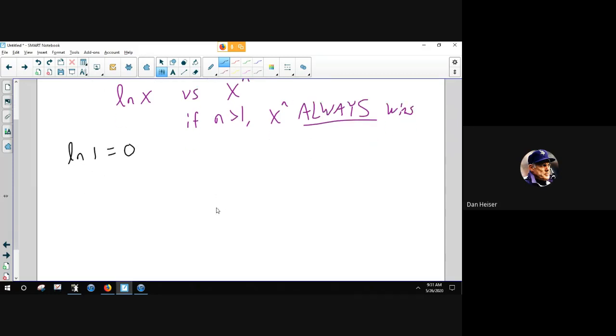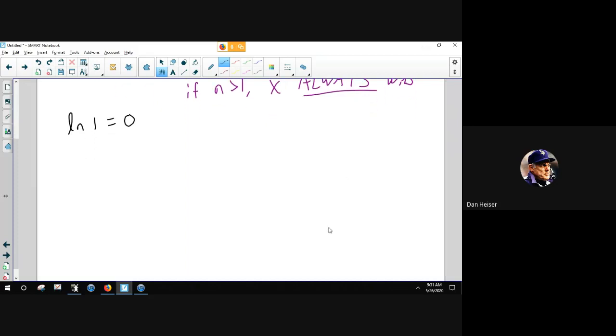And that makes sense because e to the 0 is 1, so natural log of 1 should be 0. That's kind of a boring number. Let's kick it up to 100. Natural log of 100. Approximately only 4.6.